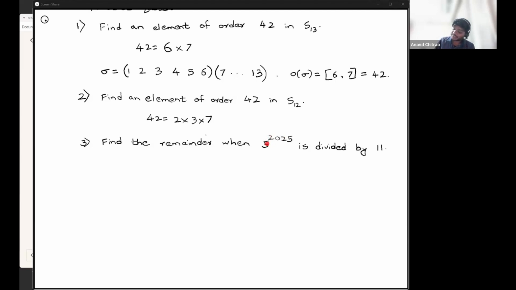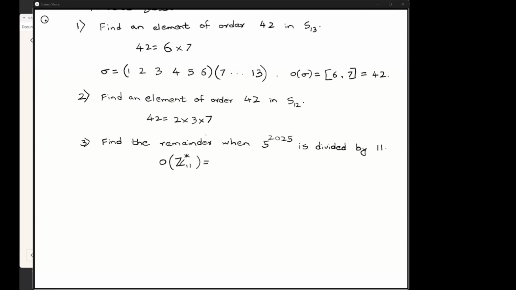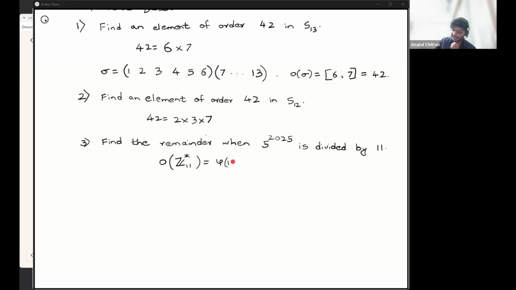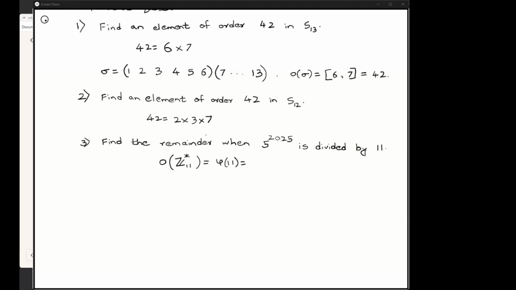So what you do is you note that 5 is co-prime to 11. So 5 bar is an element in Z11 star, right? What's the order of Z11 star? The units inside Z11? It's phi of 11, which is 10.